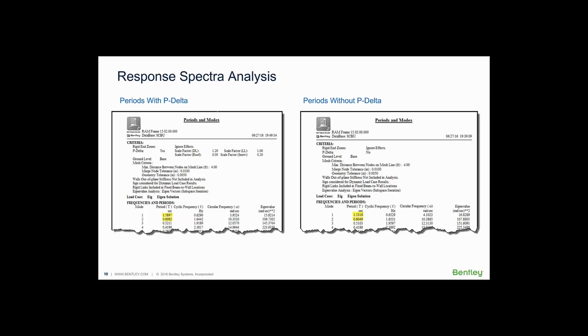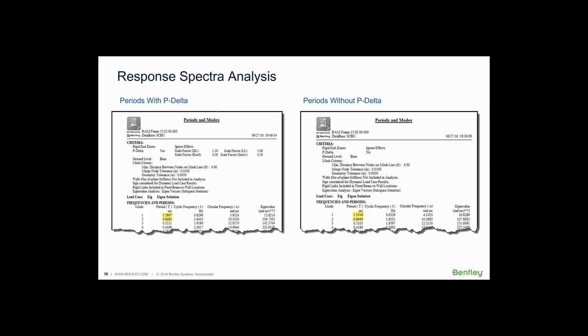So you're going to end up with different periods with P delta versus without P delta. Now, a shortcoming of the response spectra analysis method is that if your P delta analysis is an iterative P delta analysis method, it's incompatible with the response spectra analysis.